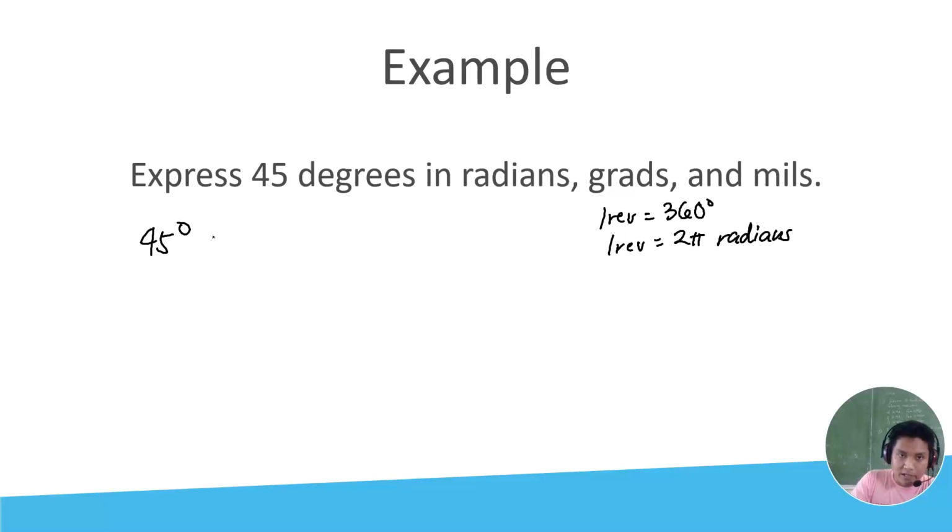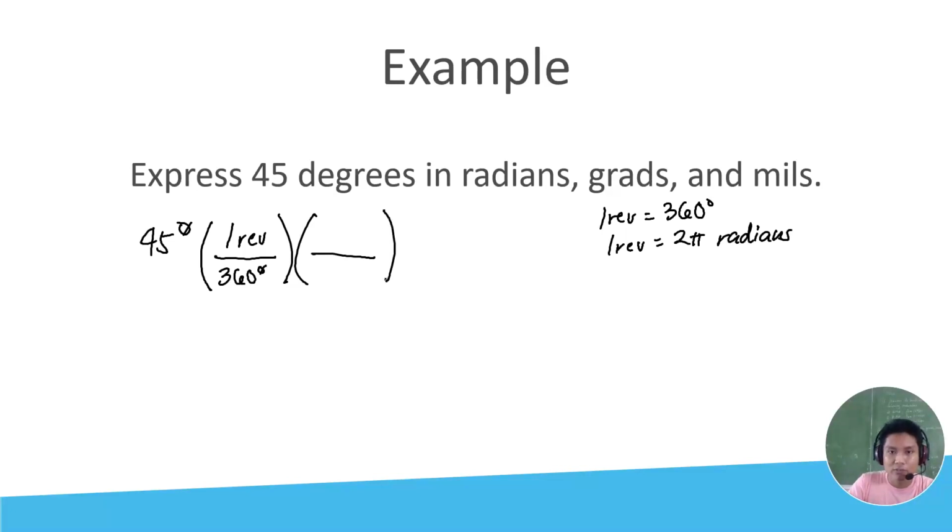So, just multiply here 45 degrees, yung equivalent conversion factor natin for 1 revolution. So, in order for us to cancel the degree, dapat dun sa denominator natin yung degree na 360 degrees and 1 revolution. Then, if cancel na yung unit natin na degree, matitira yung unit na revolution, but that's not the required unit. Therefore, I must apply another conversion factor na 1 revolution is equivalent to 2 pi radians.